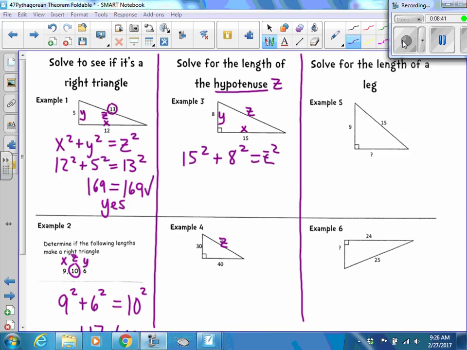15 squared plus 8 squared, I got 289, and that is still equal to Z squared, so we've got to do one more step to get it equal to Z, and that is to square root, so I can unsquare that Z squared, and that comes out to a perfect square of 17.